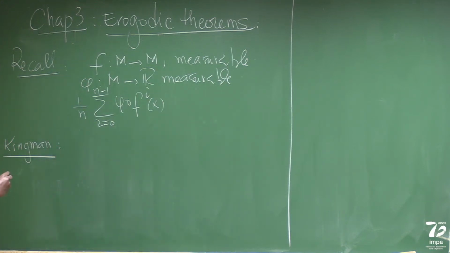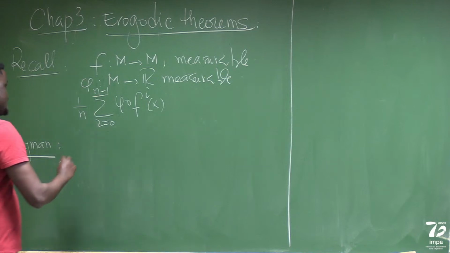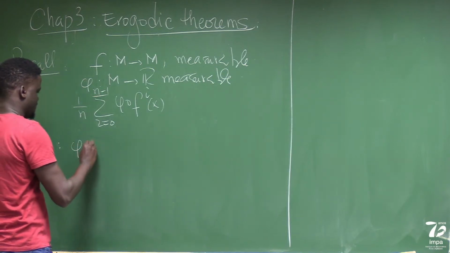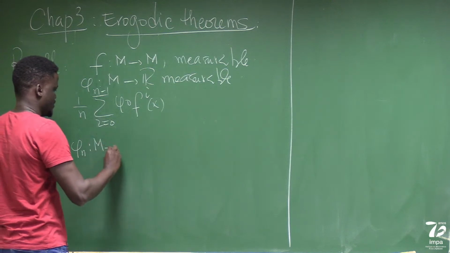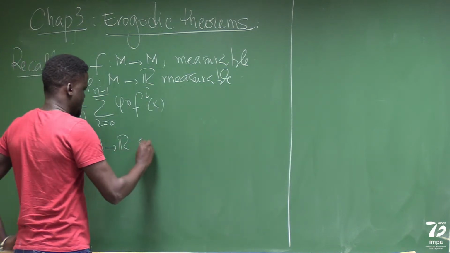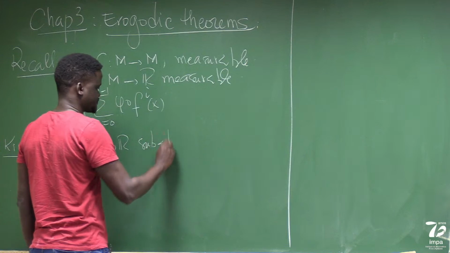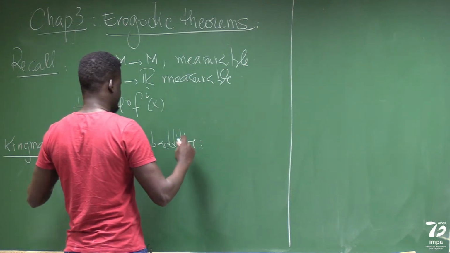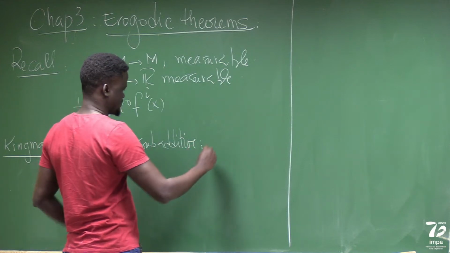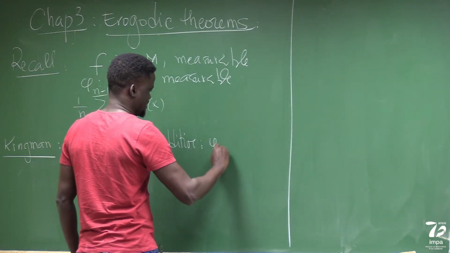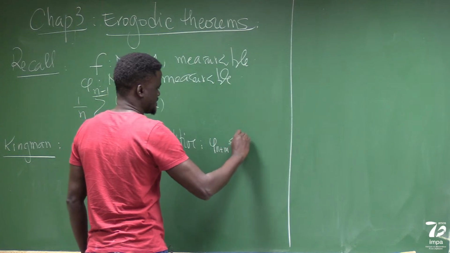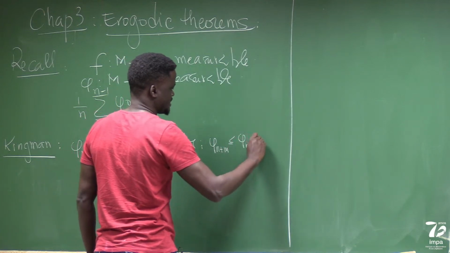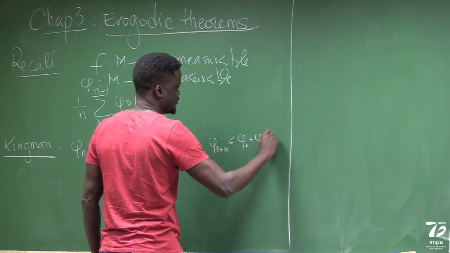So for instance, we have this Kingman theorem, just a recall, we studied it last time. If you have phi n from M to R that is sub-additive, meaning sub-additive with respect to F, with respect to a dynamical system, so phi n plus m is less than phi n plus phi m composed with F^n.